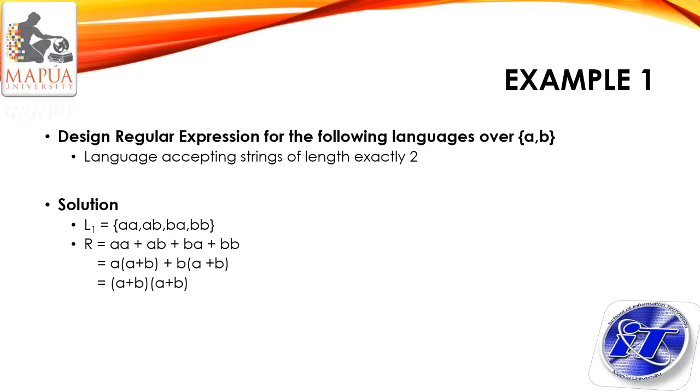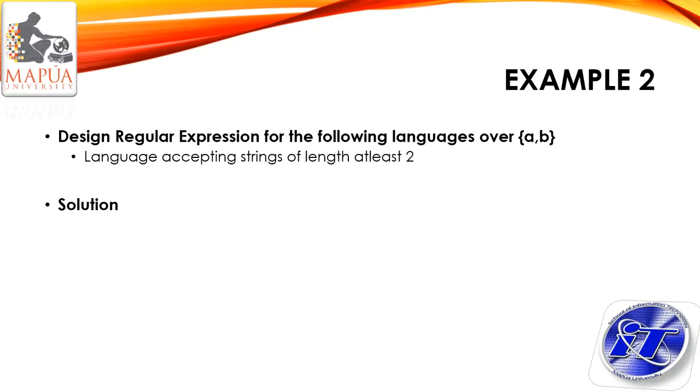So now let's move on with example 2. Now we are requested to create a regular expression that accepts strings of length at least 2. So a minimum of 2 will be accepted, 2 or more. If we're going to relate it with example 1, we only have 2 terms. Now at least 2 means minimum of 2.